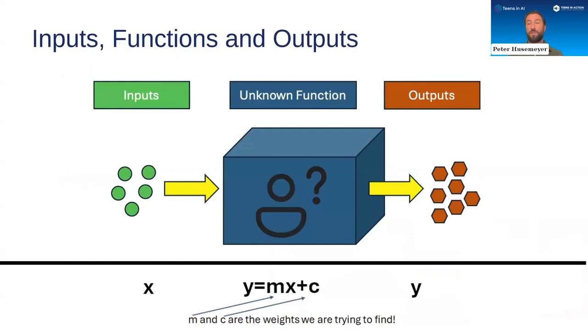So, in all the examples I've just given you on the last slide, if we really think about what we're doing, the essence is to take something, which we'll call an input, and transform it into something else. We'll call it an output. So in the example of the house, we take an input, which is the house's location, size, and number of bedrooms, and we transform that into a price.